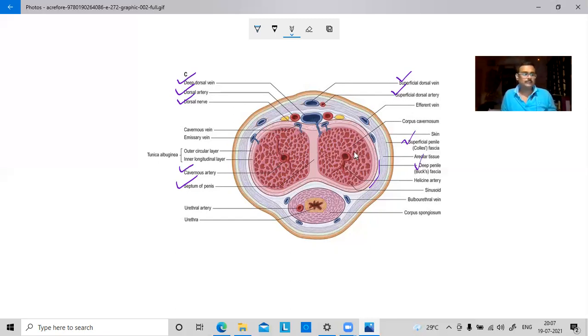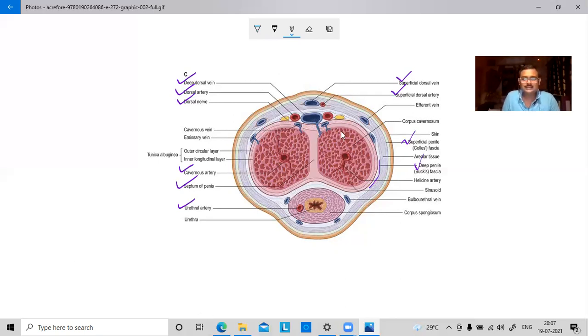Now, the arterial supply of the penis is by the artery to the bulb, which is a branch of the urethral artery and enters through the corpus spongiosum. Another is the deep artery of the penis and the dorsal artery of the penis. These are branches of the internal pudendal artery.